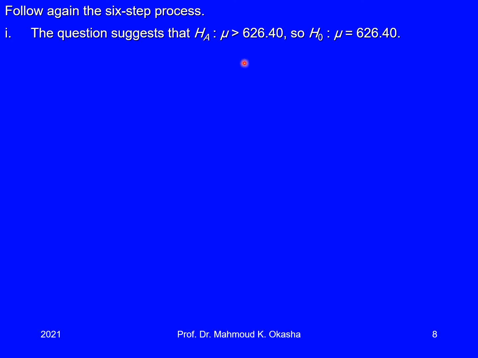But in our question, we want to decide if mu is greater than 626, so we look for evidence of that from the figures we have in the sample, right? The second step is to decide the statistic.